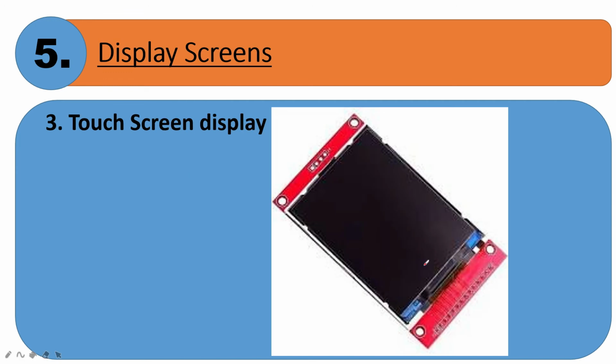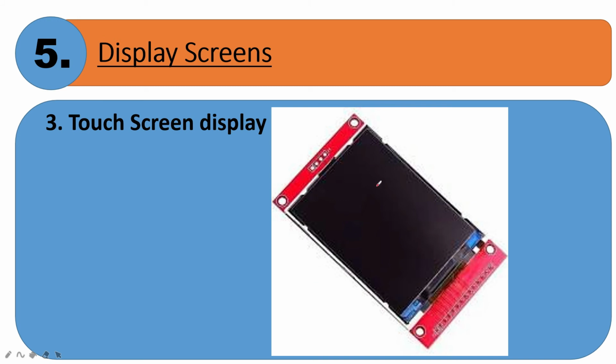And next one is the touch screen display. Here you can display text, do animation, display images, and you can make touch screen buttons also, and it can work like your phone touch screen, but you cannot play video on any of these screens. Basically you cannot play video with Arduino.